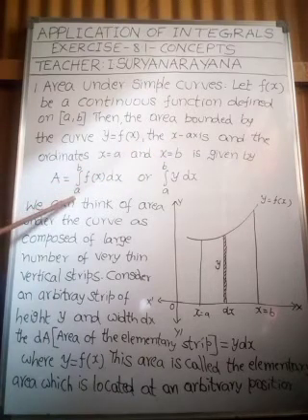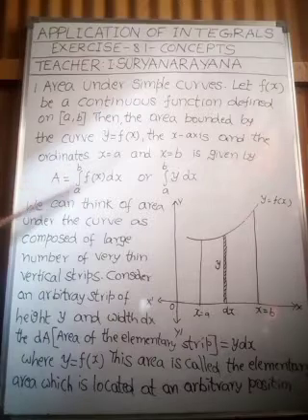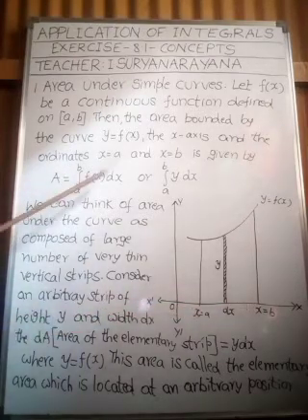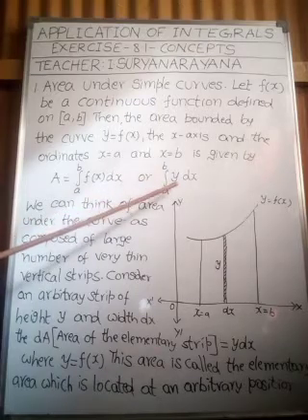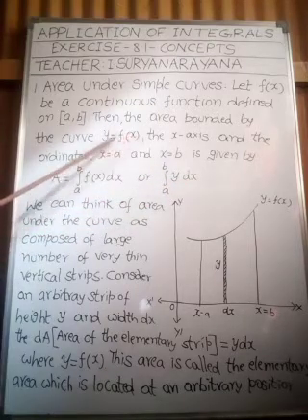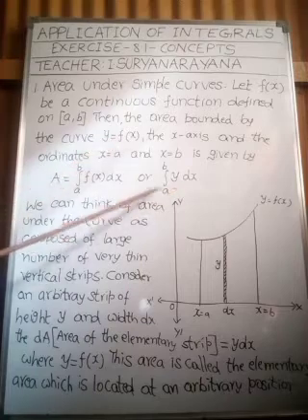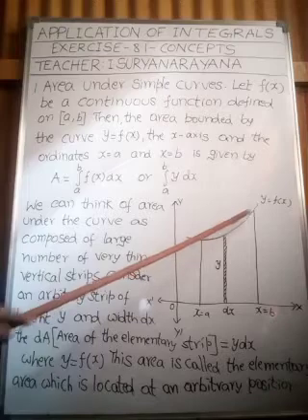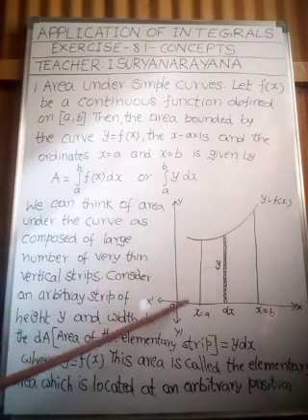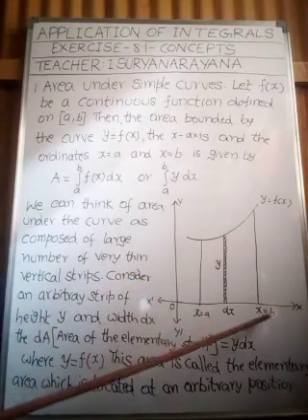How to find integral a to b f of x dx? Or simply we can write integral a to b y dx, because y means f of x only. Understood this point, my dear children? So here if you observe, this is a graph of y is equal to f of x. Here this is the interval x is equal to a and x is equal to b.